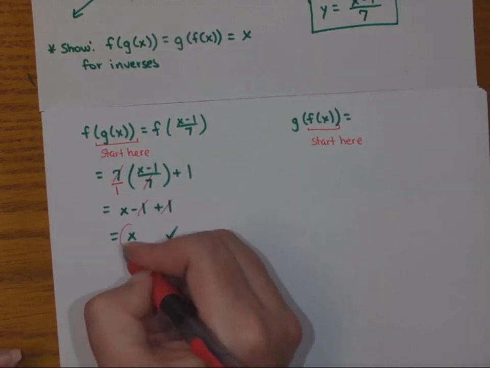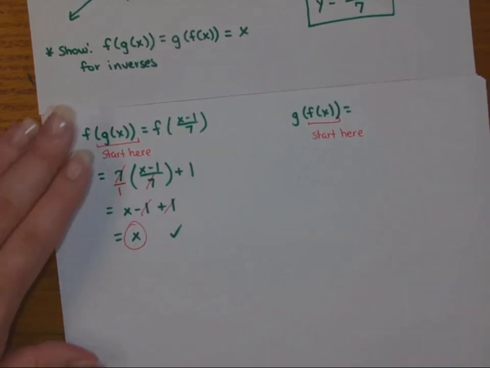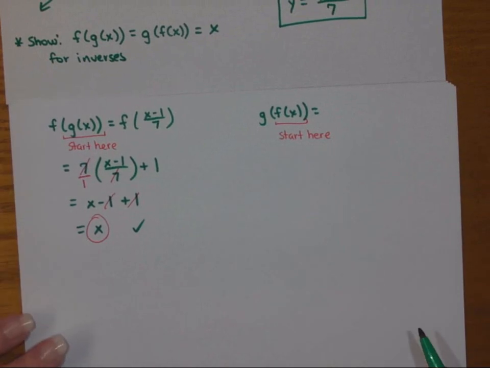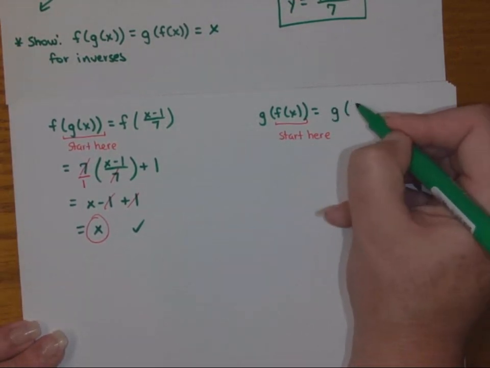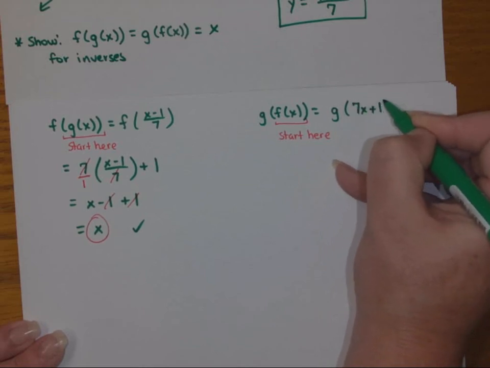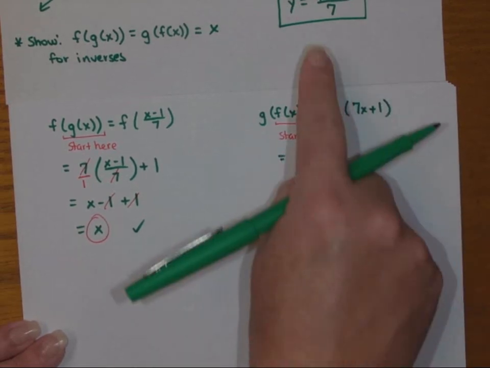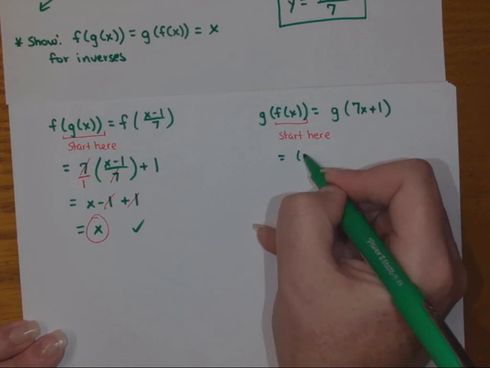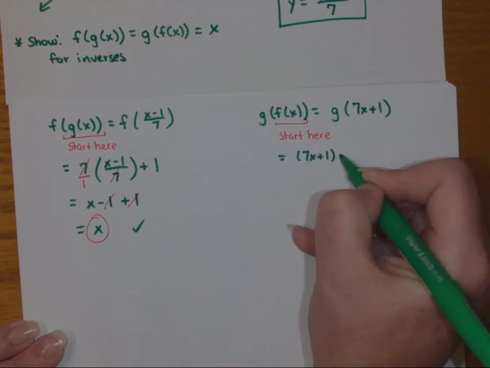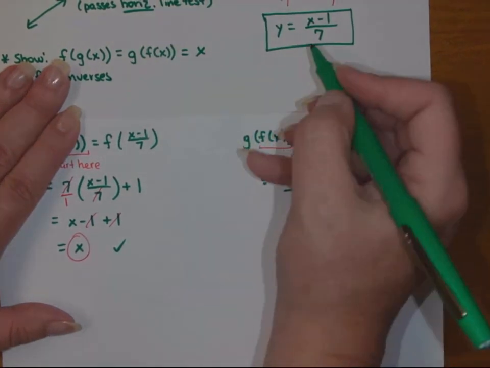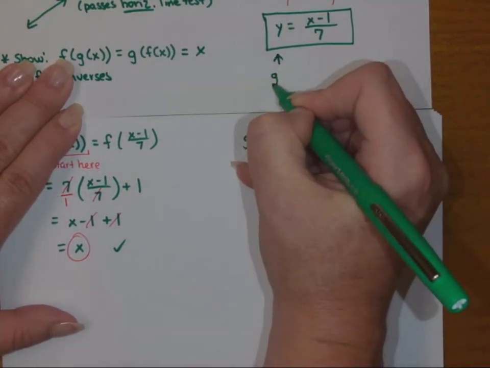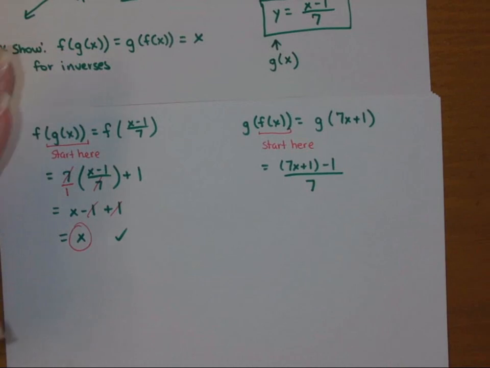That's only half of the equation. I actually need to make sure it works over here too. So here I'm going to find g of 7x plus 1. So I start on the inside. That means replace x with 7x plus 1. Notice I'm using g. We're going to call this g of x just to make sure we're clear on that.